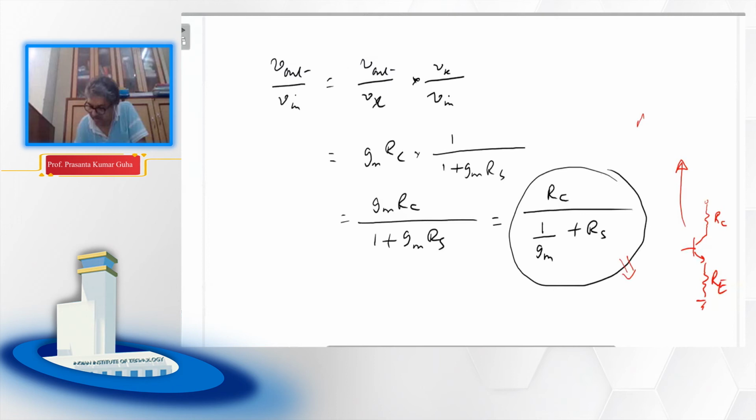The gain we had in the CE stage was RC over 1 by GM plus RE. Of course there was a negative sign, that negative sign will not be here. So it is exactly the same gain we got in common emitter stage, provided there was an emitter degeneration. Okay, so interesting. If you relate these things, it will be very easy for you to remember.